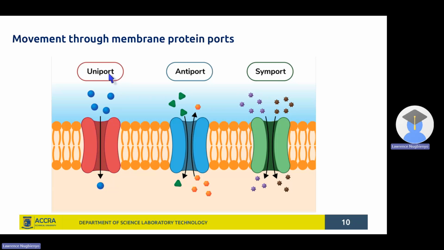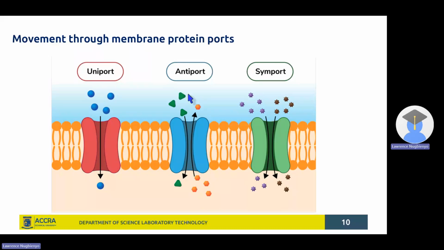A uniport refers to the movement of substances across the transmembrane protein in one direction. So you see the movement of a particular substance only in one direction, say from the extracellular space into the intracellular space. That's a uniport. It only allows one direction of movement.